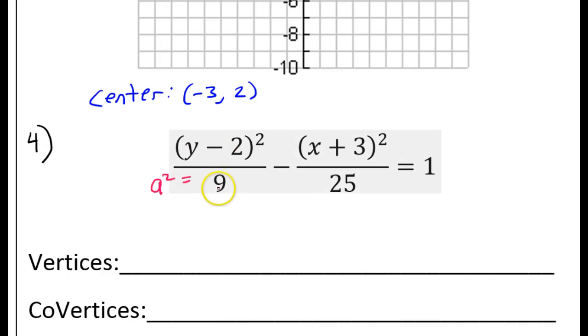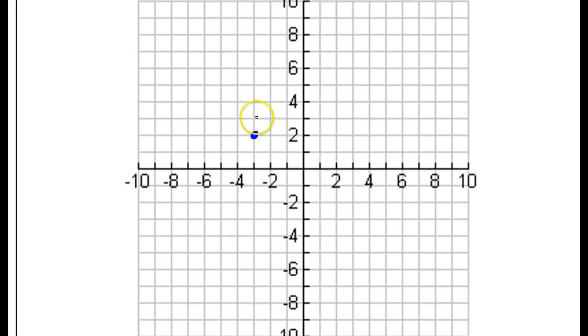So even though 9 is smaller than 25, this 9 will lead me to the vertices, and therefore I will call it a squared. So if a squared is 9, that means that a is equal to 3. This 3 will lead me to the vertices. Because the 9 is with the y term, I will do plus and minus 3 in the y direction. So starting at the center, I will go up 3, and I will go down 3.